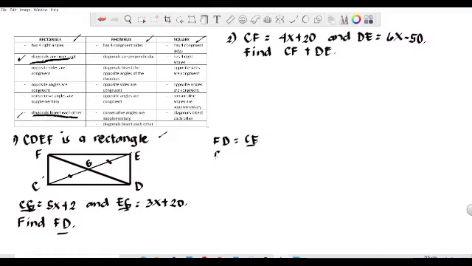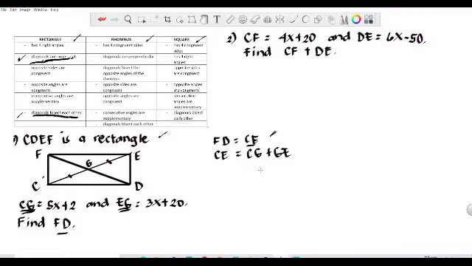So, ibig sabihin, ang CE natin, that is equal to CG plus GE. Okay? Dahil ang given natin on the problem ay CG at saka GE. Okay? Hindi mismo yung buong CE. Pero makuha naman natin yung buong CE kapag inadd natin yung CG at saka EG. Alright?